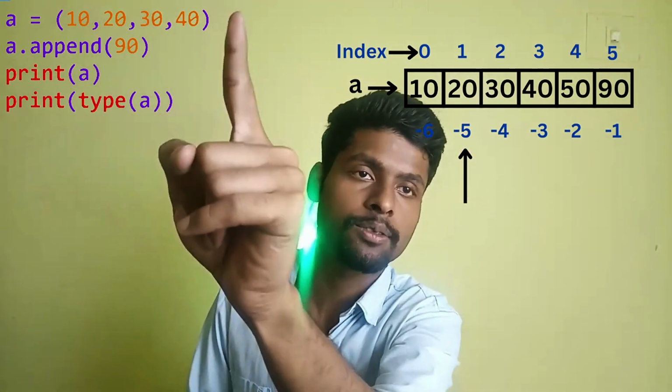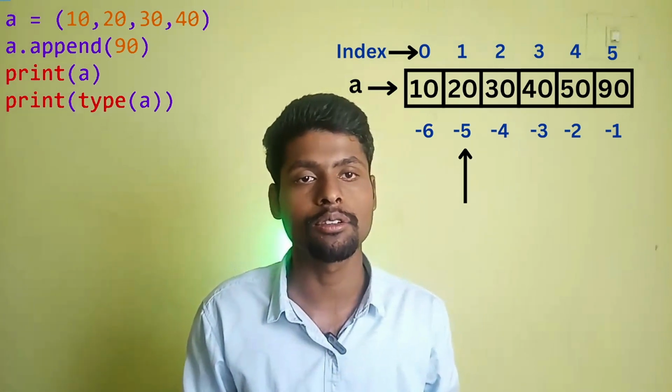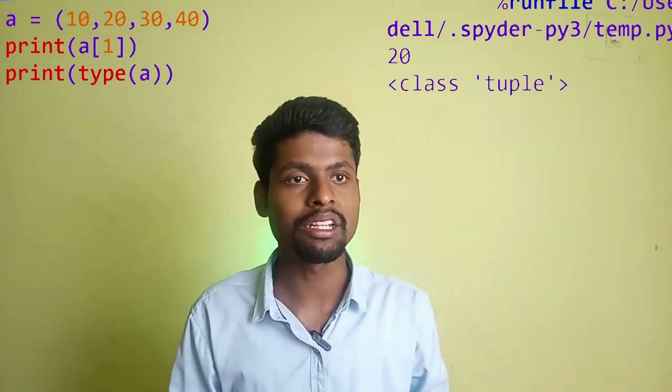So I'm going to use the index value of 1 to print the 20 value. First I enter the tuple variable, and I'm giving the index value as 1. Let's execute this code. And if you see, the 20 got printed, and the type is tuple.